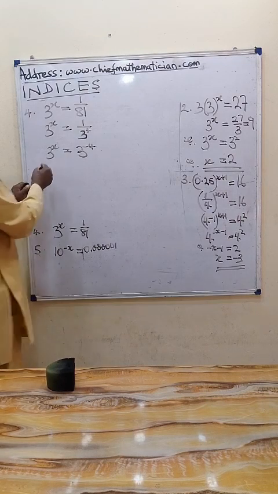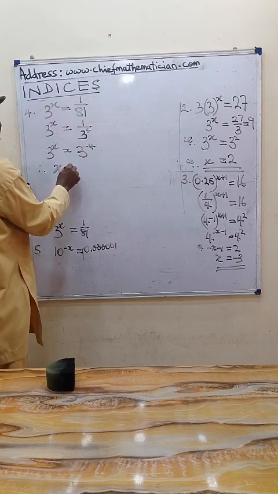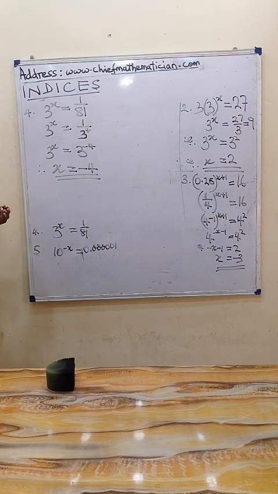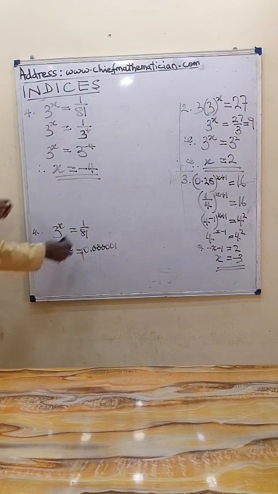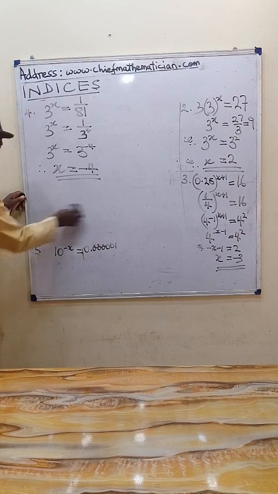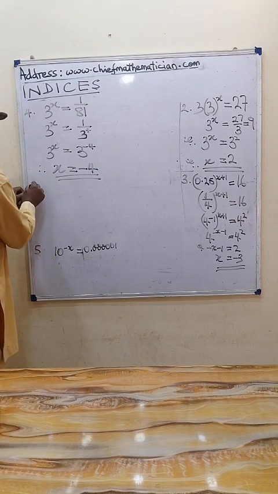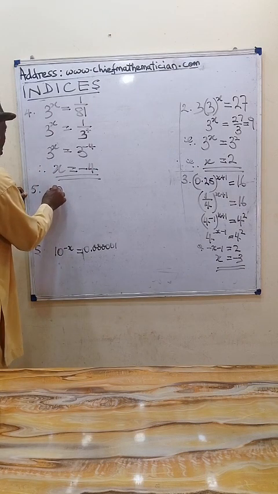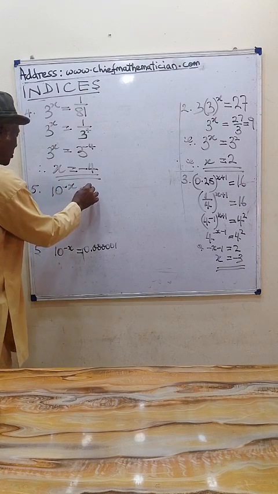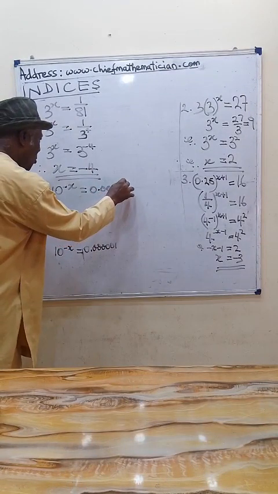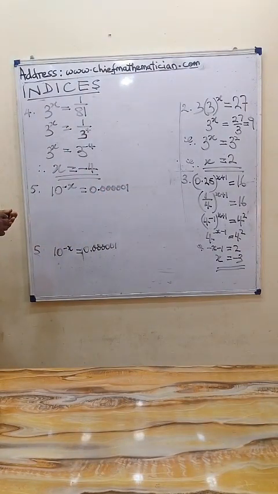So x is equal to minus 4. You can check whether you are right or wrong. Now, question number 5. 10 to the power minus x is equal to 0.000001. That is 5 zeros.